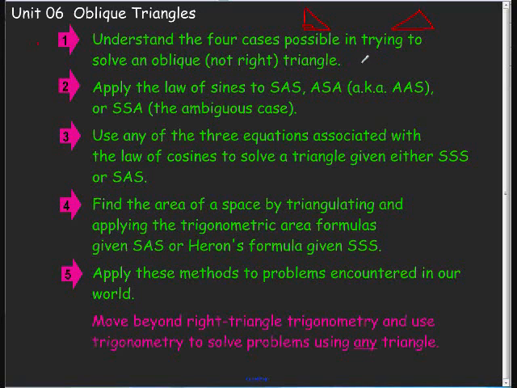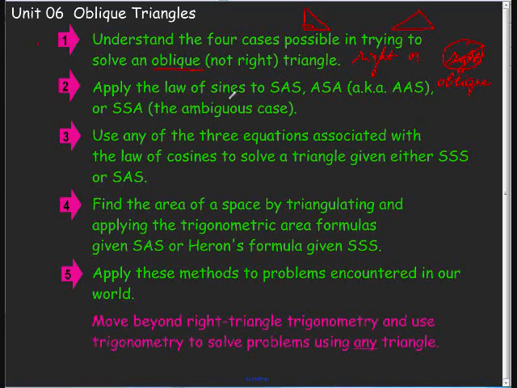So you could say every triangle is either a right triangle, or it's not a right triangle. If it's not a right triangle, another way I could say it is an oblique triangle. So that's all we mean when we say oblique.